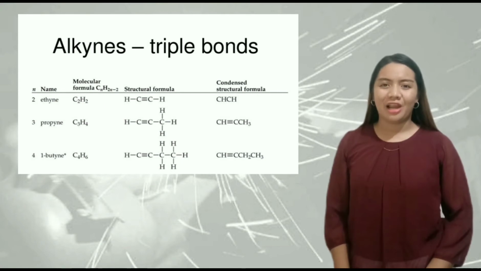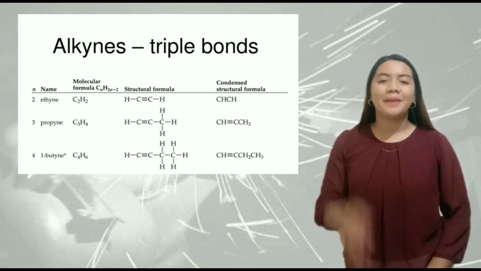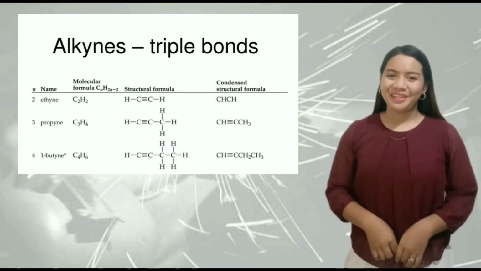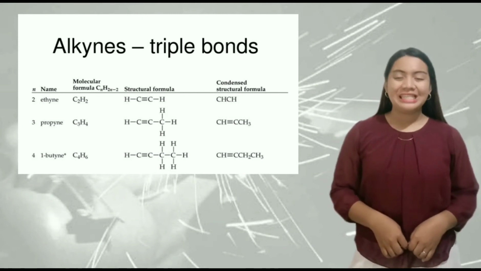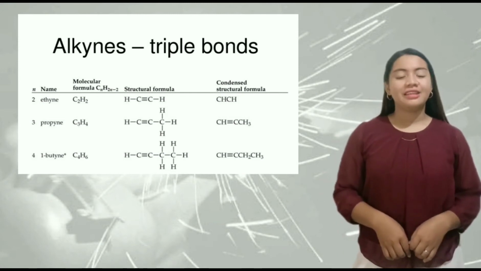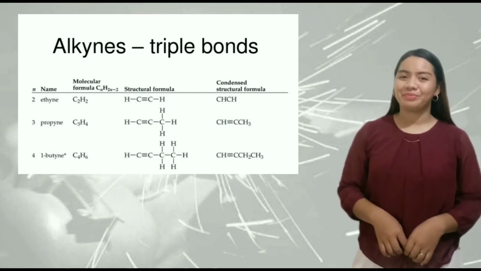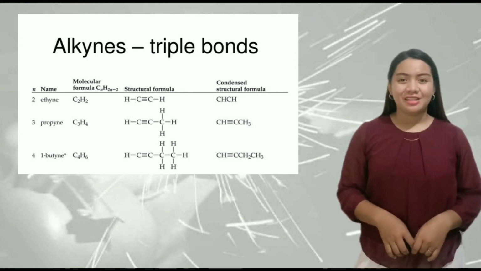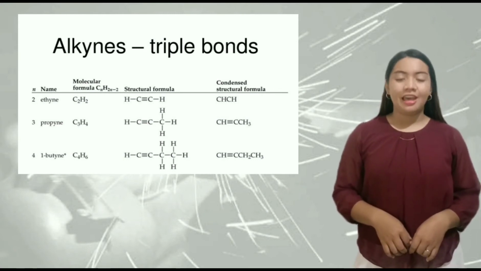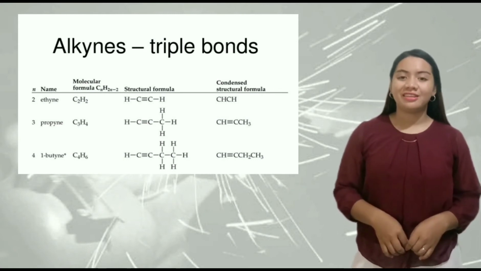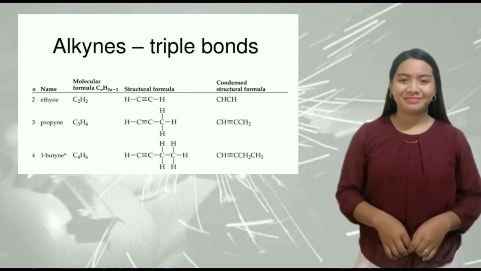These two carbons are linked to each other by a triple bond. Similarly, propyne has the molecular formula of C3H4 and the condensed formula. And butyne has the molecular formula of C4H6 and its abbreviated or condensed formula.